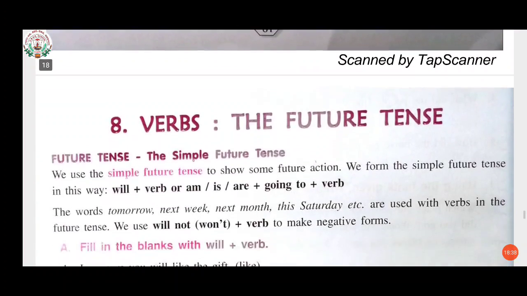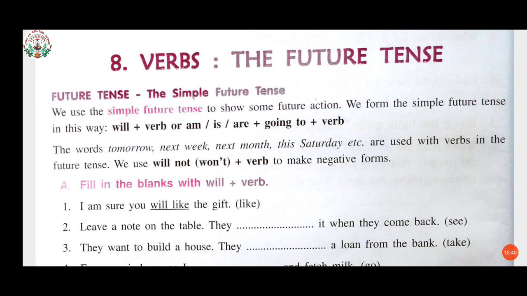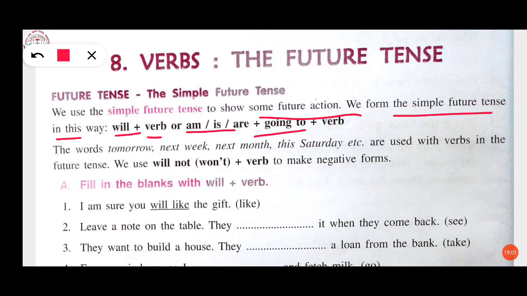Now after this we have the verbs, that is the future tense. So here first is the simple future tense, and we use the simple future tense to show some future action. We form the simple future tense in this way, that is will plus verb, or am, is, are, and we can also use going to and with that verb.